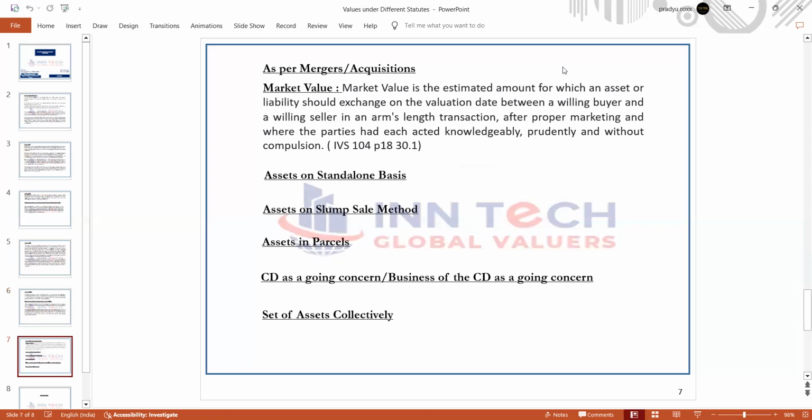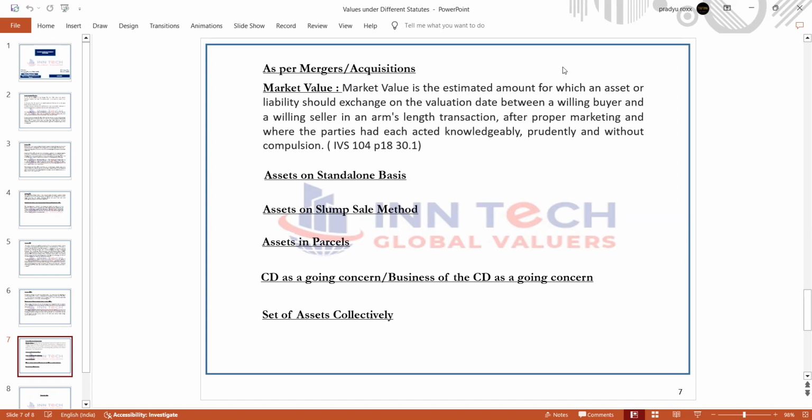For other purposes like mergers and acquisitions, the market value is similar to the IVS definition and the IBA definition. It is all the same: between a willing buyer and a willing seller, in an arm's length transaction with proper marketing. It says the same thing, and that is what they will expect during a merger. The premise of value here should be the synergic value and the highest and best use value.